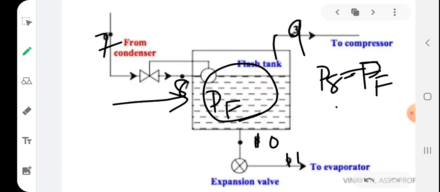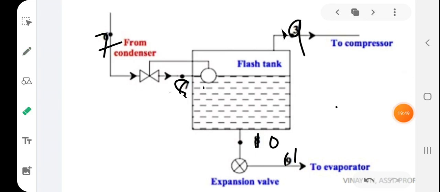The vapor gets separated and moved to the compressor for compression in the high pressure compressor, and the remaining liquid will pass through the second expansion valve and get expanded to the evaporator pressure. Okay. So students, using this figure you can write the heat balance equation.